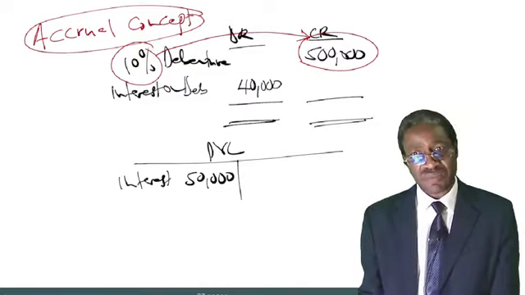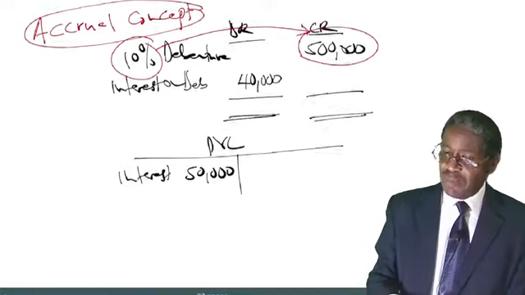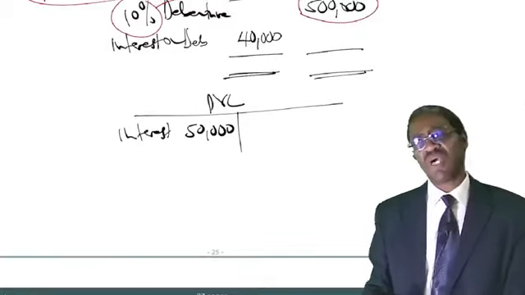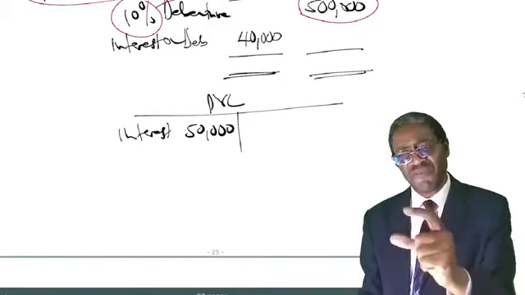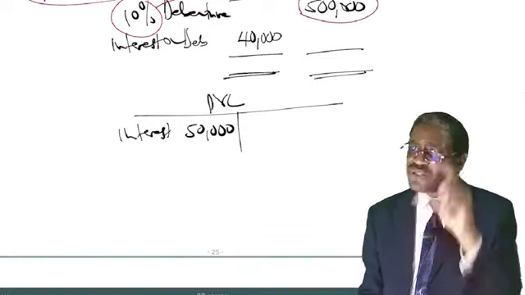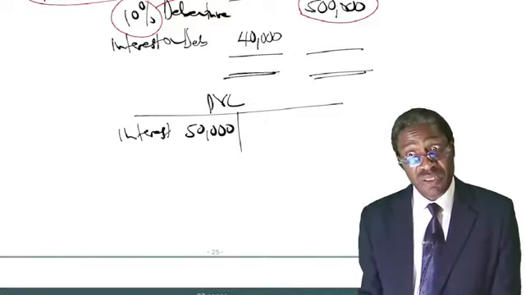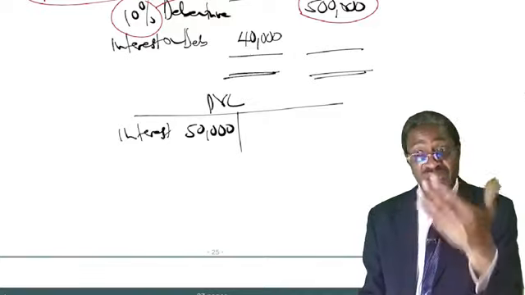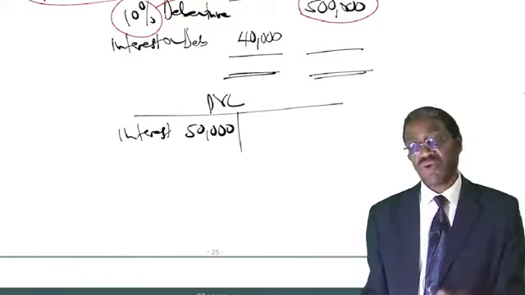So in the income statement, we are charging 50. We were supposed to pay 50, but we have only paid 40. So there's a balance of 10,000, which you have not paid. That 10,000 is what you owe to your debenture holders.